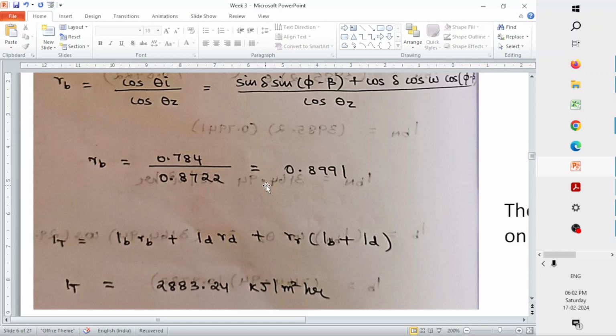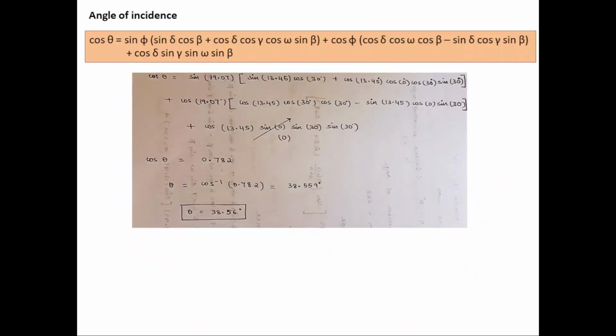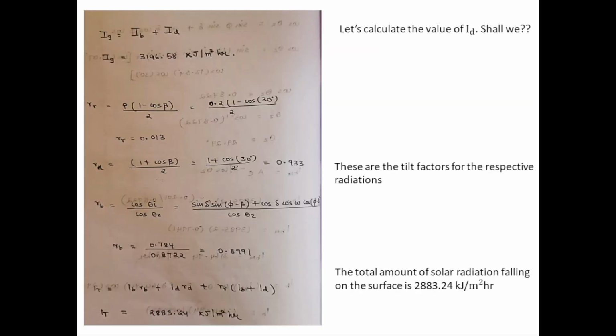Let me repeat again, this is the total instantaneous value of the solar radiation falling on the flat plate surface. This is not an average value.